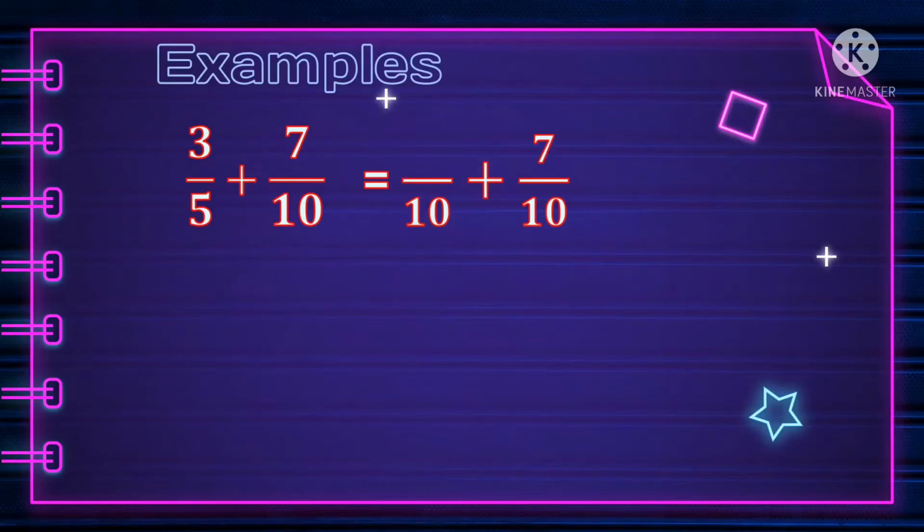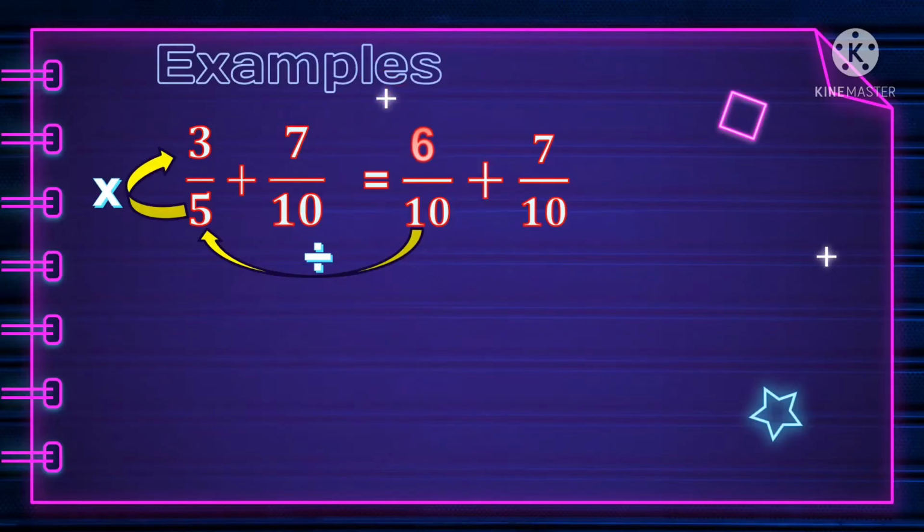So ang gagawin natin to find the new numerator, i-divide natin itong 10 sa 5. 10 divided by 5. Then, yung sagot doon, i-multiply natin sa 3. So 10 divided by 5 is 2. Then, multiply sa 3, that is 6.